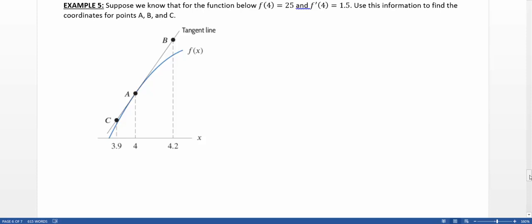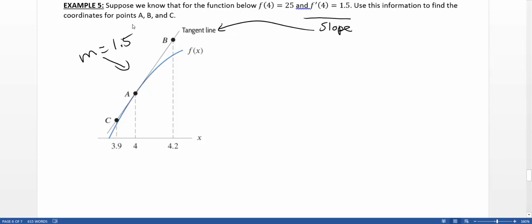So here, this one is a little more conceptual. We have to take what we know and see how we can apply it to the situation to try to figure out some stuff that we don't know. So I want you to remember that the derivative, f prime of 4 equals 1.5, is the slope of the tangent line, right? So we know that the slope of this line is 1.5.